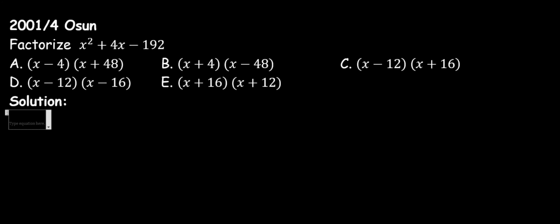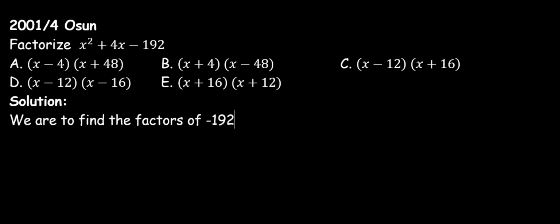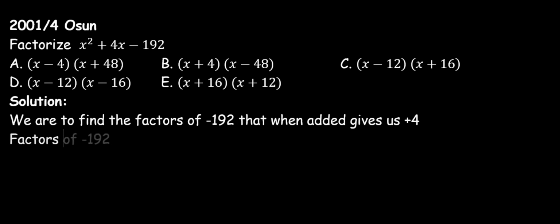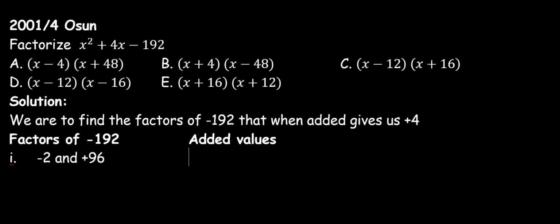Solution. We are to find the factors of minus 192 that when added gives us plus 4. Factors of minus 192 and their added values. First case, minus 2 and 96. Added value will give us plus 94.